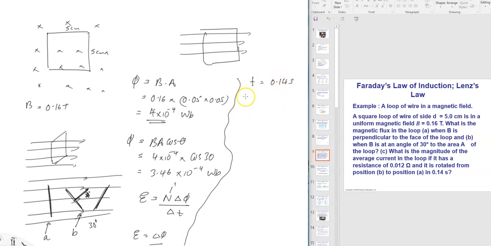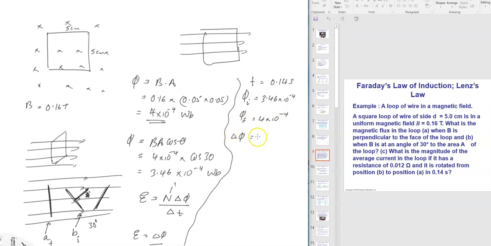What's the flux change? It goes from B to A, right? So it starts here, it ends here. Initial flux is 3.46 times 10 to the negative 4. Flux final is 4 times 10 to the negative 4.